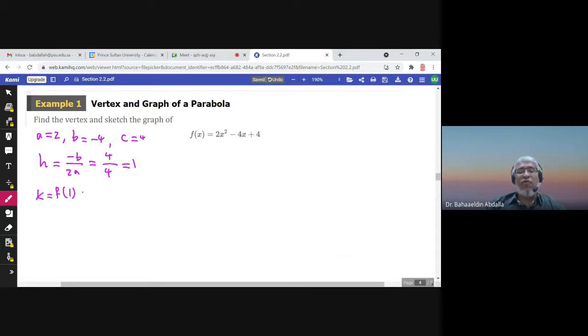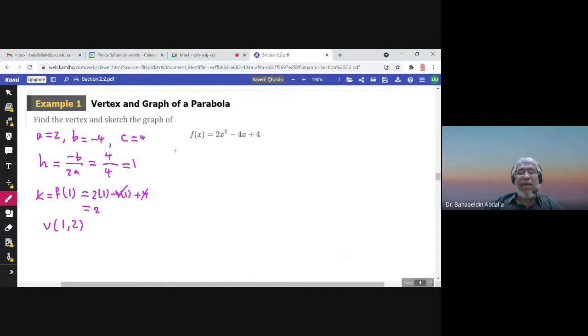k is f of 1, which means you go to the function and you replace x by 1. So 2 times 1 squared minus 4 times 1 plus 4. Well, 2 minus 4 plus 4 is just 2, because minus 4 plus 4 will cancel. So what is the vertex? The vertex has coordinates (1, 2).